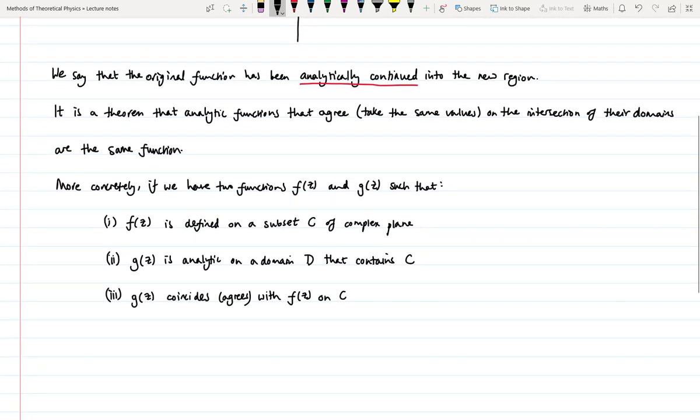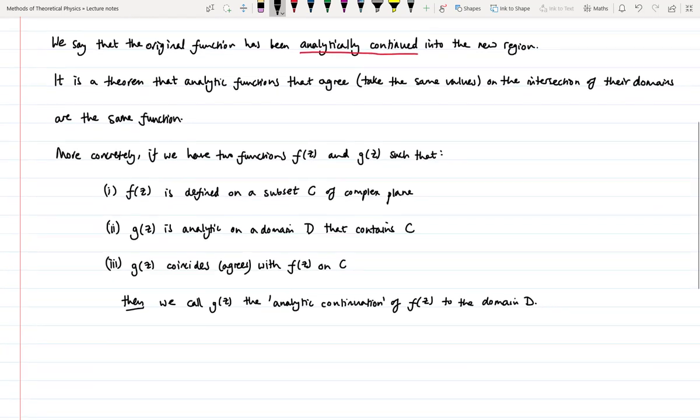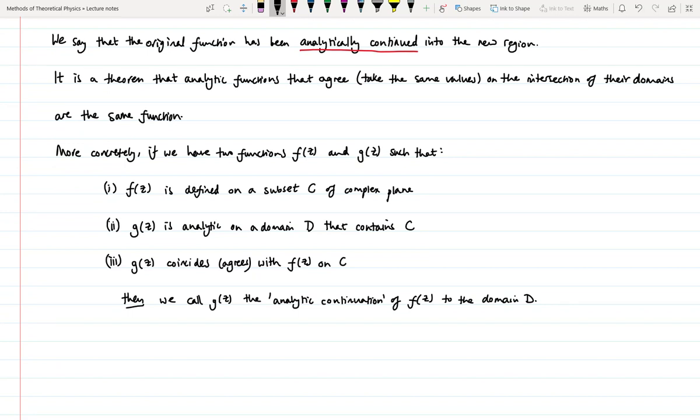Okay, if we have these three conditions relating our functions f of z and g of z, then we call g of z the analytic continuation of f of z to the domain D. And this should be reasonably familiar to you because we've actually been assuming this for much of the course. We've already seen examples of this.